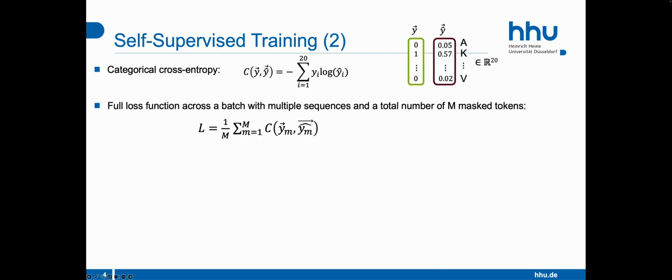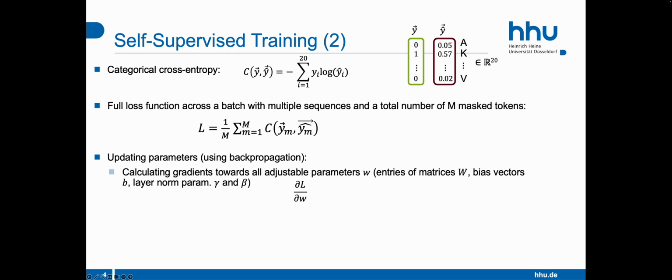We can now use backpropagation to update all learnable parameters based on this calculated loss. What I'm going to say now is basically true for the training of any deep artificial neural network. So we calculate the gradient of the loss function with respect to every adjustable or learnable parameter in our transformer network using backpropagation.